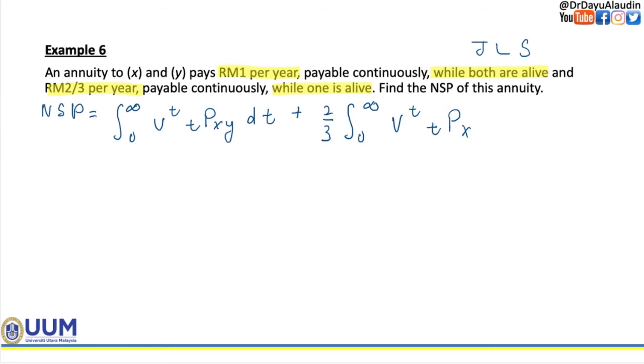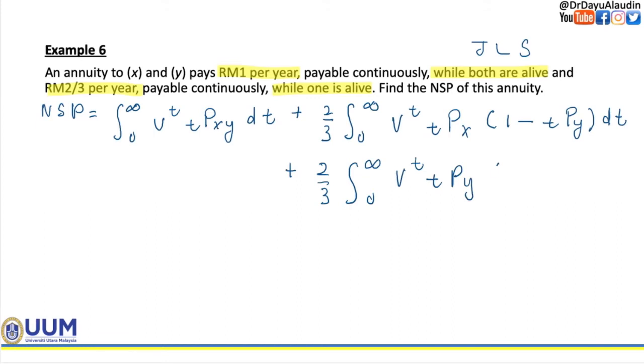VT times TPX. So this first is if X is still alive and Y has died, or it also can be while Y is still alive and X has died.